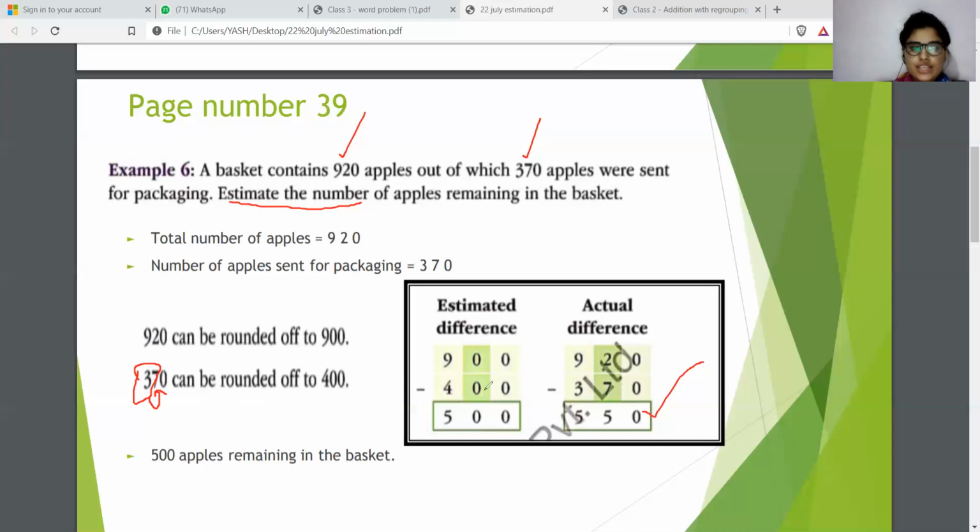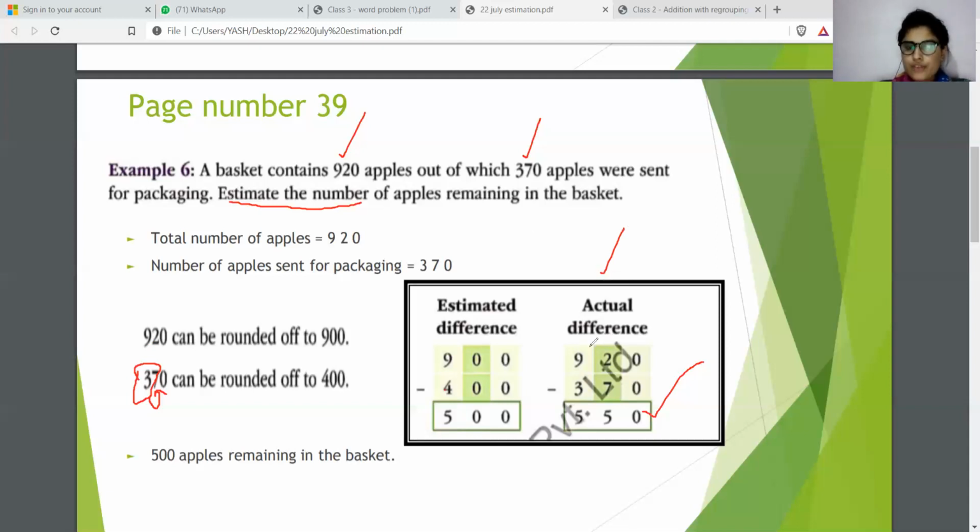So we will write 4, and after the hundreds place I'll write 2 zeros. Why 2 zeros? Because on the right side of the hundreds place, I have 2 more places, ones and tens. So at the ones place I will write 0, at the tens place I will write 0. So 900 minus 400 is equal to 500. I will find the actual difference also.